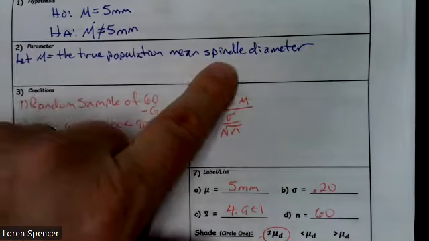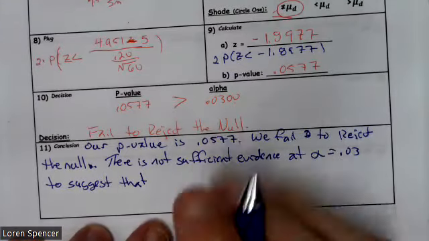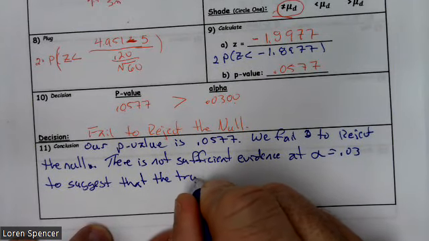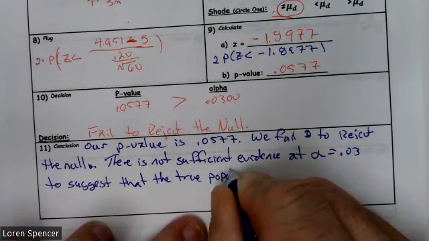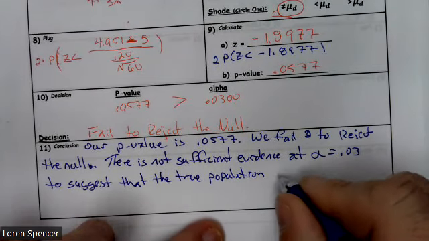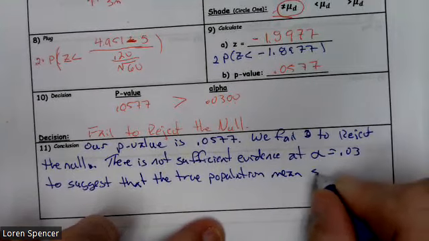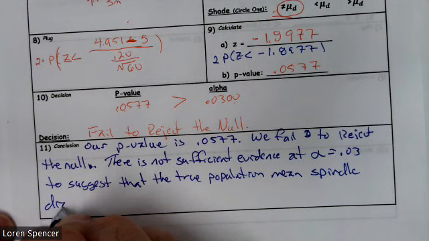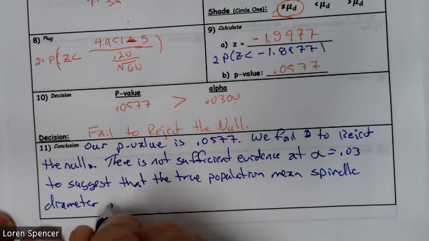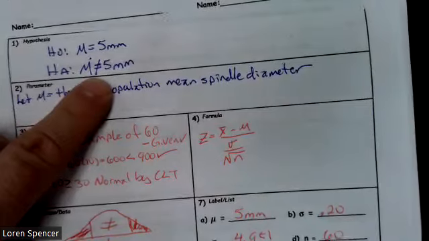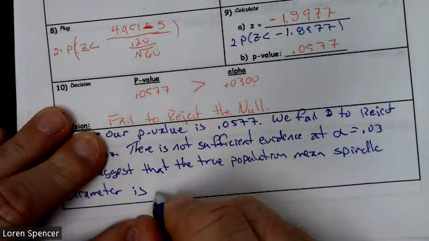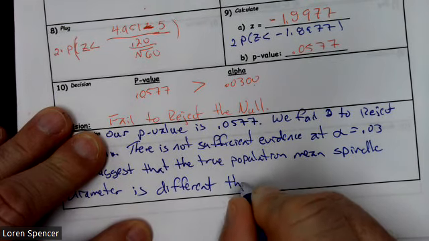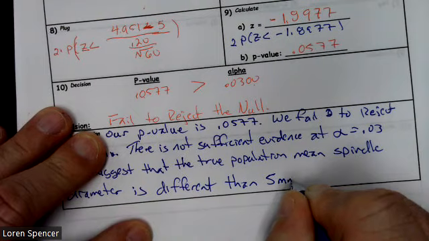The true population mean spindle diameter is, what was our alternative? Different. So is different than 5 millimeters.